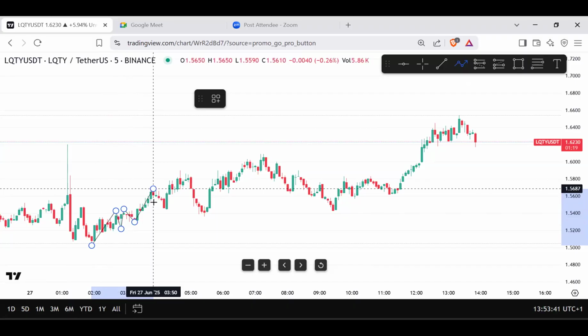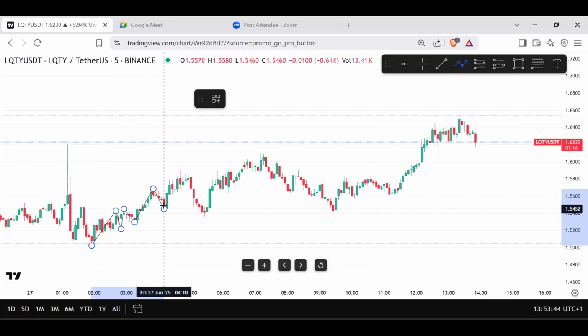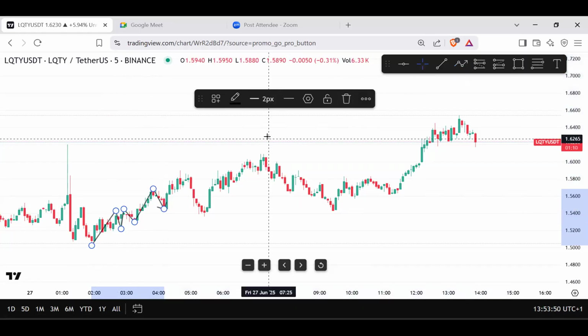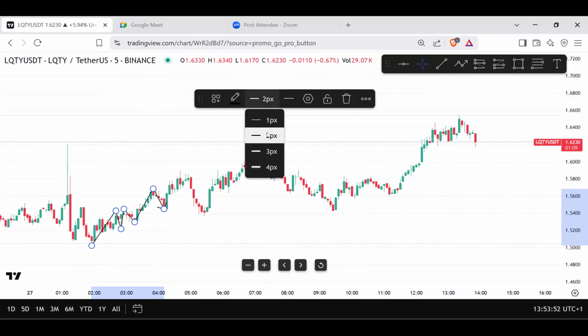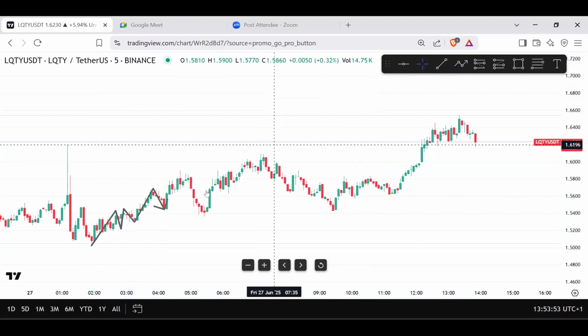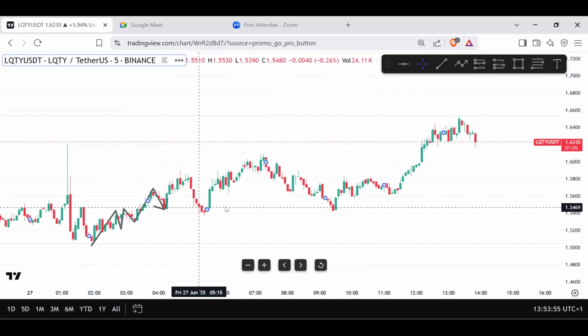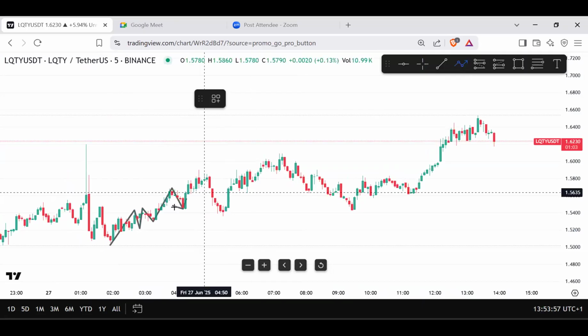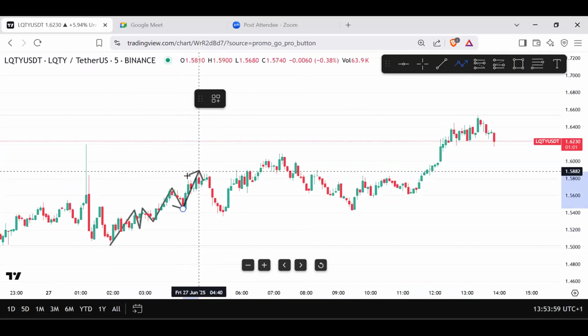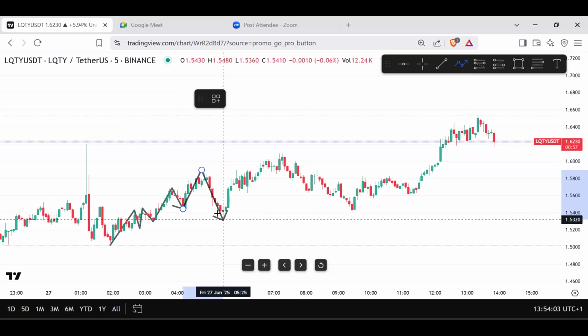Let me increase the size of this so you can see it clearly. It continued from here like this.